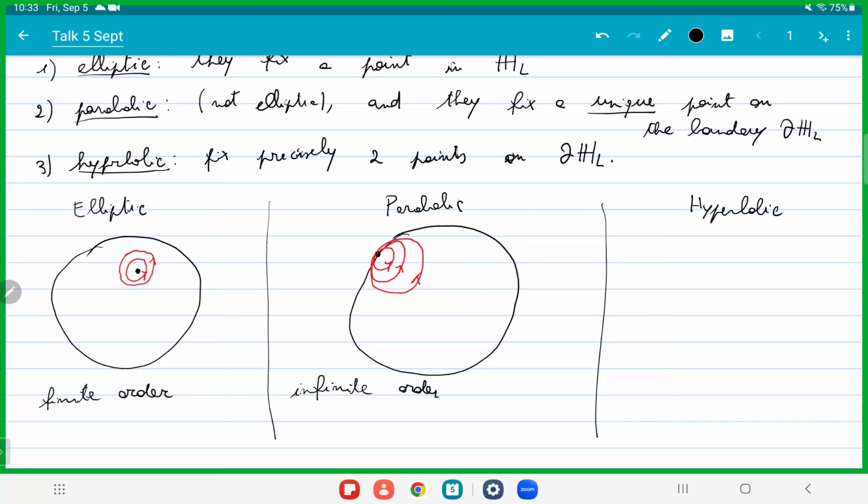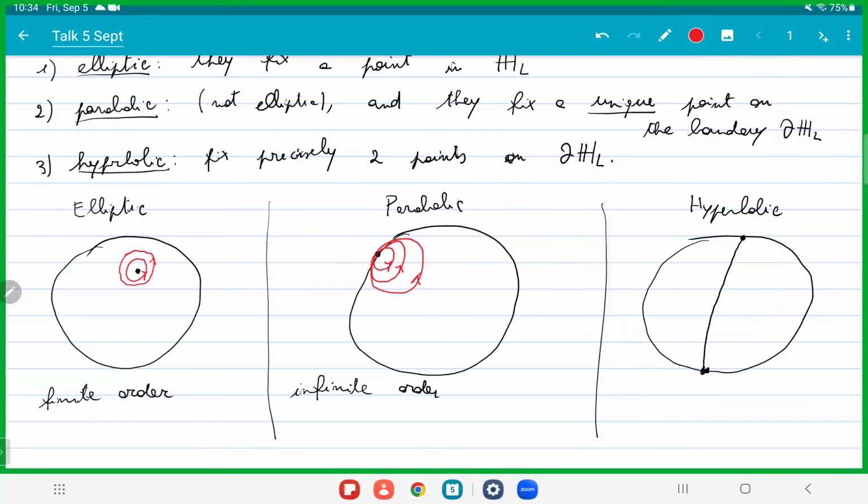And then we have hyperbolic ones. Hyperbolic ones have 2 fixed points. If a transformation fixes 2 points, it must also fix the geodesic between them, the straight line between them. So it will fix this line over here. And how do the flow lines look?